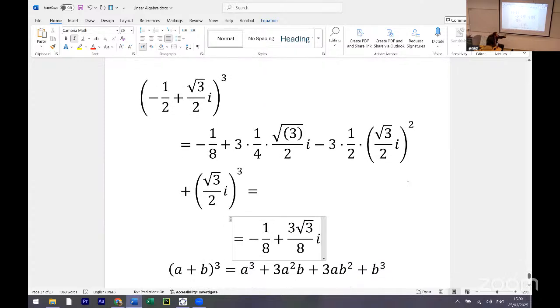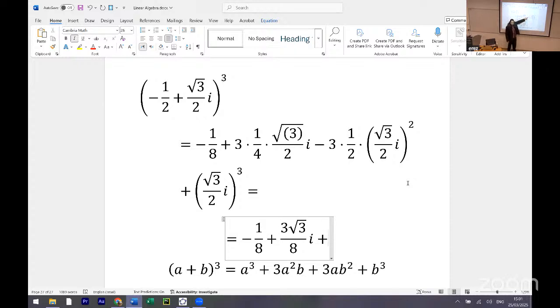What happens here? i squared is actually minus 1. It cancels out this minus, so we get plus. And what is the squared? So in the denominator, 2 squared is 4 times 2 is 8. And square root of 3 squared is 3 times this 3.